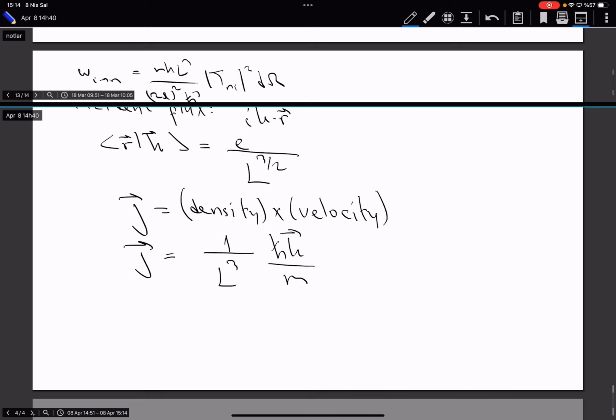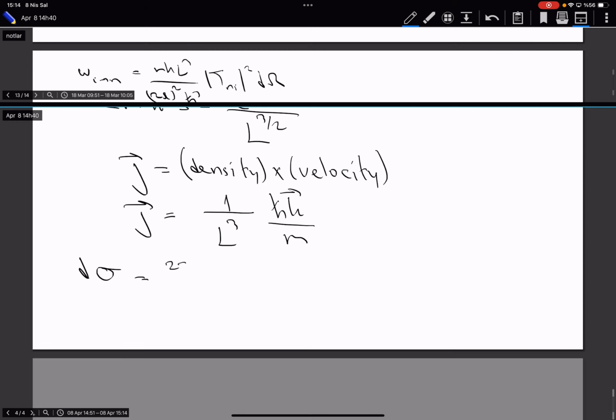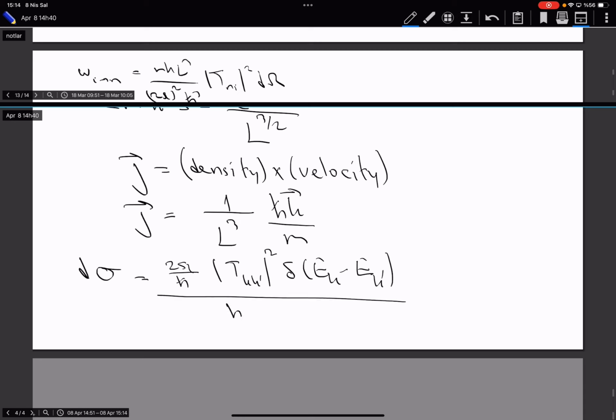Now I can write my cross-section. Let me write d sigma. This will be 2 pi over h bar, T_k k prime squared, Dirac delta of E_k minus E_k prime, divided by h bar k over m, 1 over L cubed.